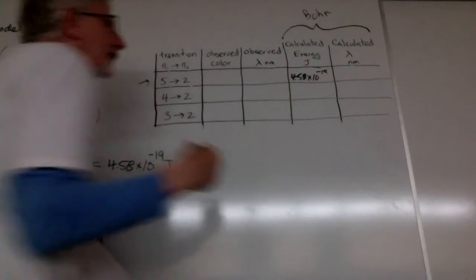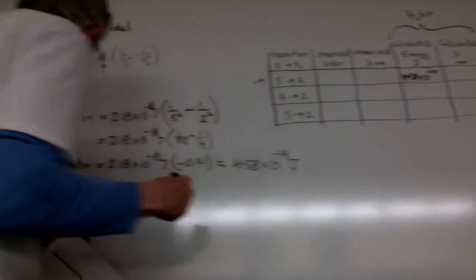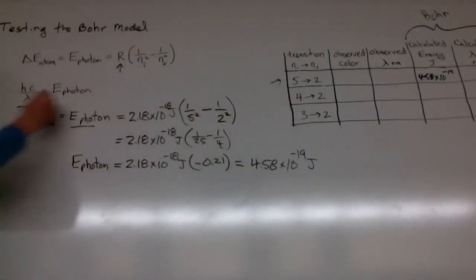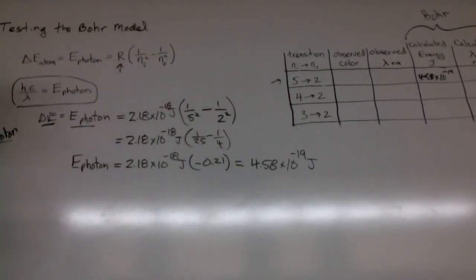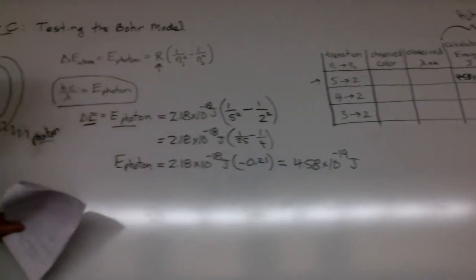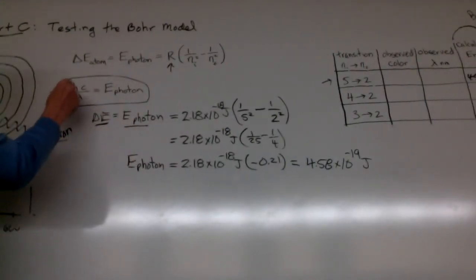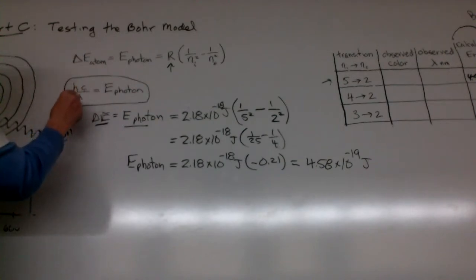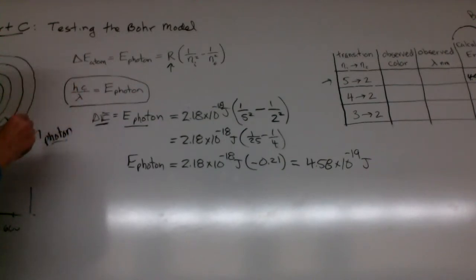Now we need the calculated wavelength. Well, that's given by this equation. It can be calculated from that equation, because notice what we have here is hc, Planck's constant times the speed of light, divided by the wavelength, is equal to the energy of the photon. Right?